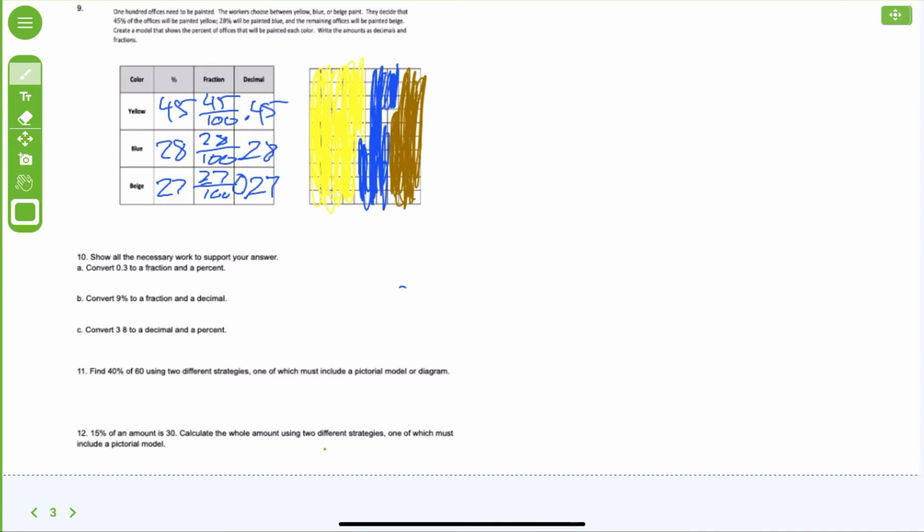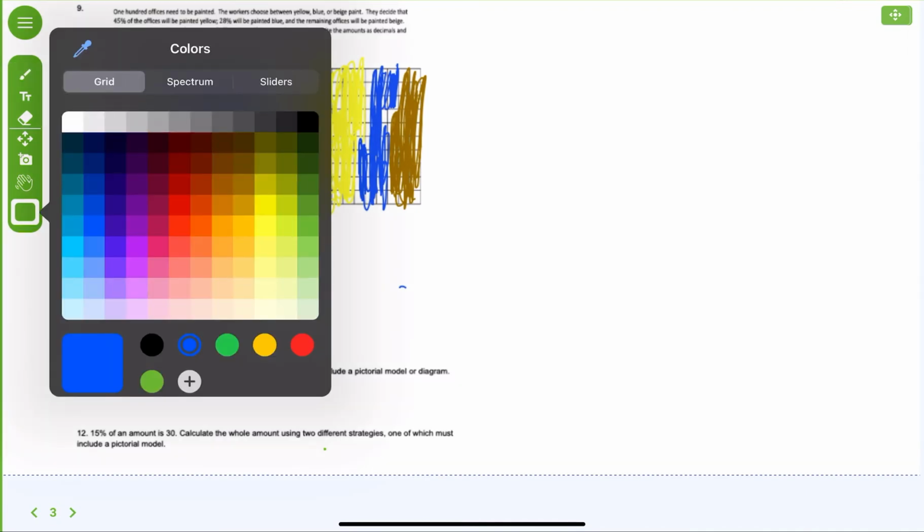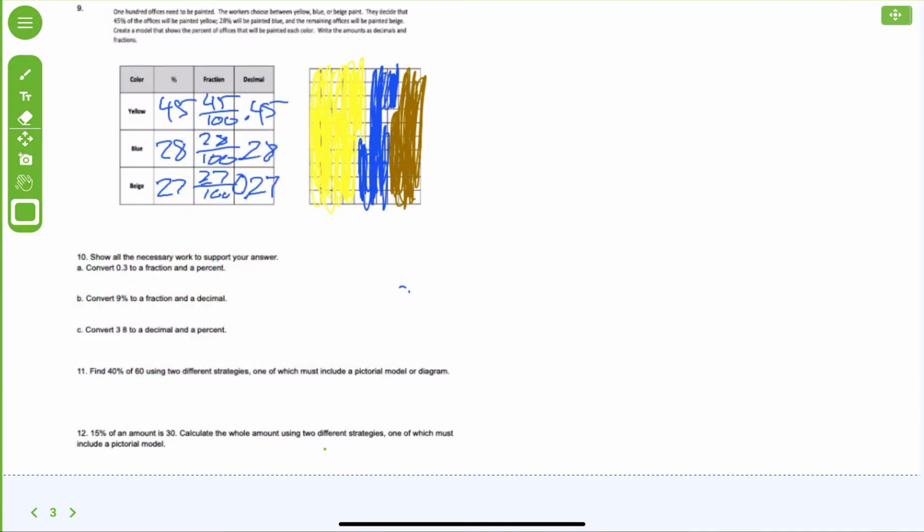Now let's get back to blue here, and let's do number 10. Show all the necessary work to support your answer. Convert 3/10 to a fraction, well, and a percent. Well, what did I just say? 3/10. There's my fraction. Now, how am I going to do that as a percent?